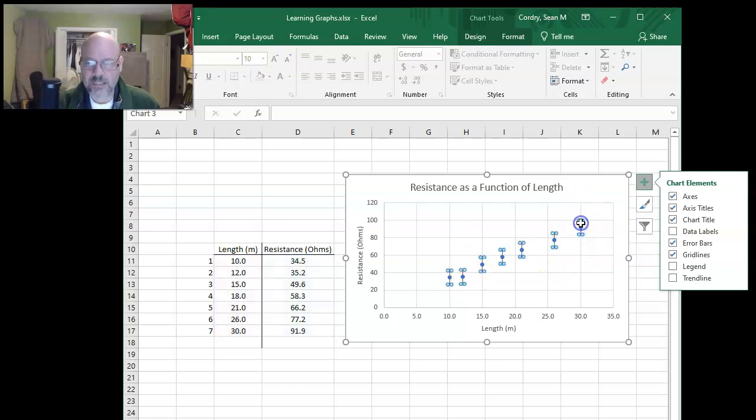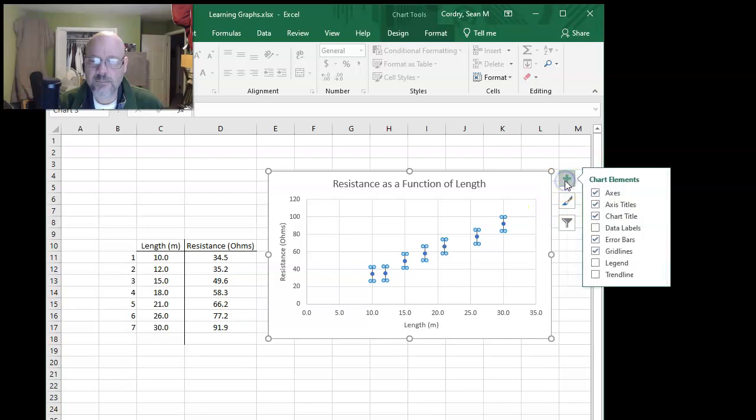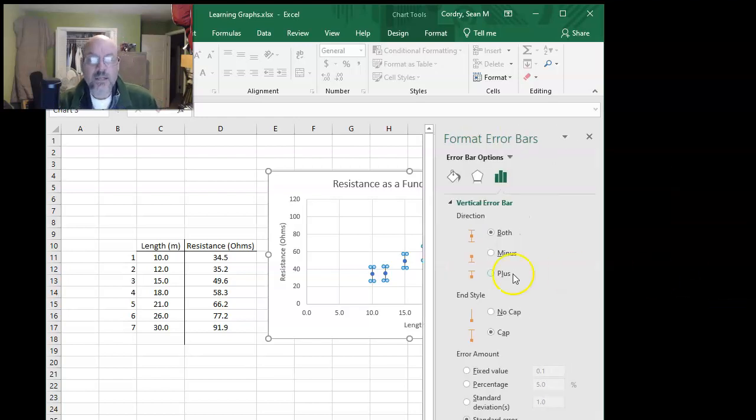Now what I need to do is come in here. I'm going to hit the bar over here, and there's a thing you can't see. Sorry about that. Error bars, then more options here. Now it's called up this format window.